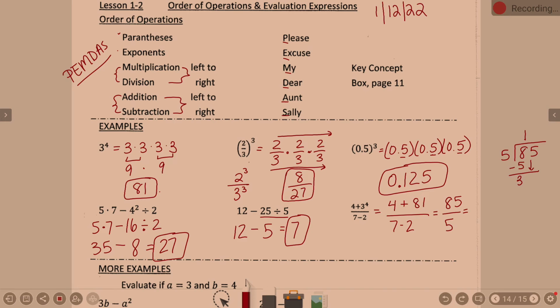Bring down the 5. It's 35. 5 into 35 is 7, since 7 times 5 is 35. So it's 17.